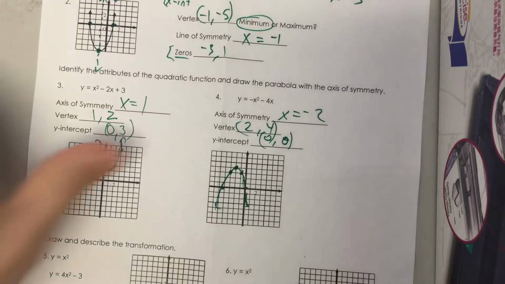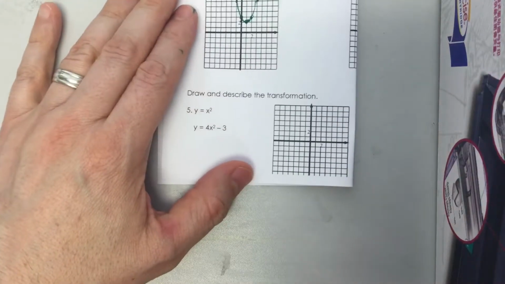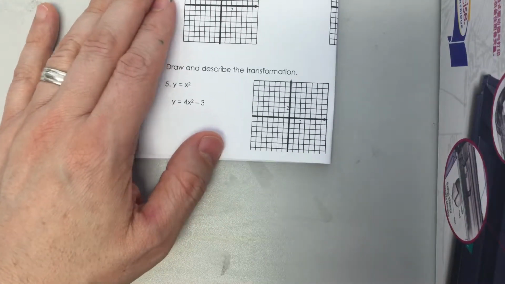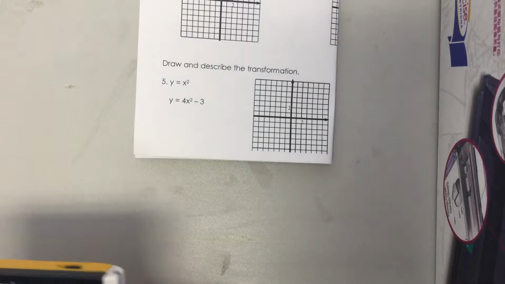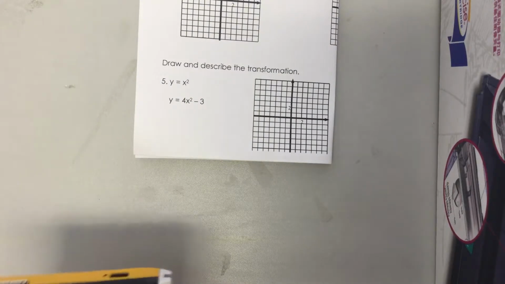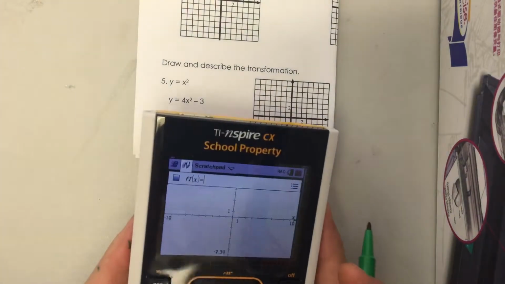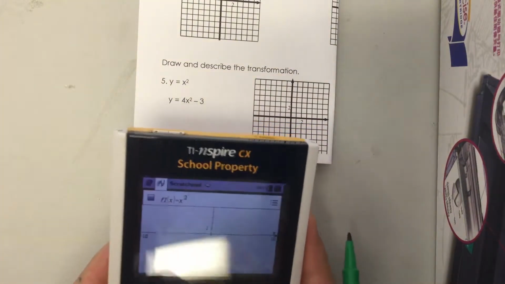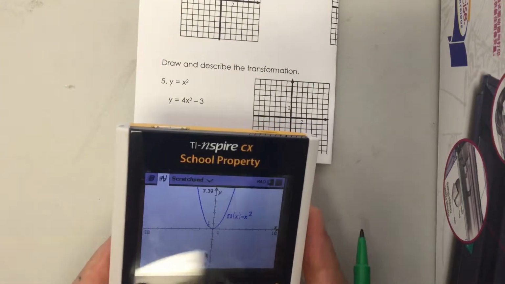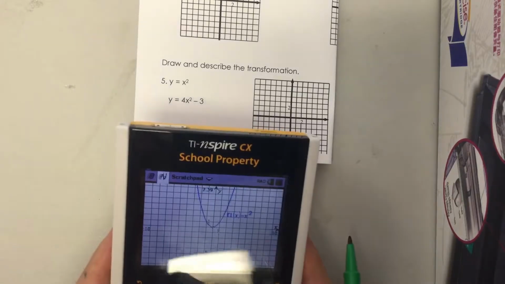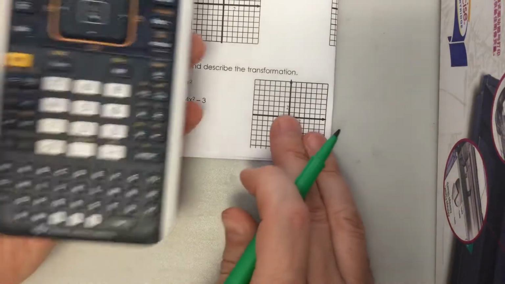Let's take a look at number 5. This time it says draw and describe the transformation. Okay? Now you can graph both of them. I'm going to graph y equals x squared. That's the parent function. I can sketch that pretty well. Okay, let's go ahead and sketch it.